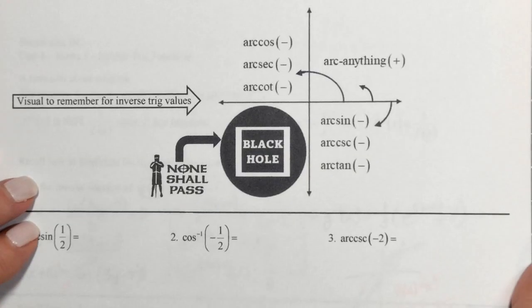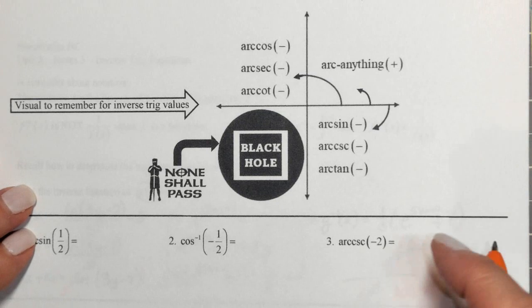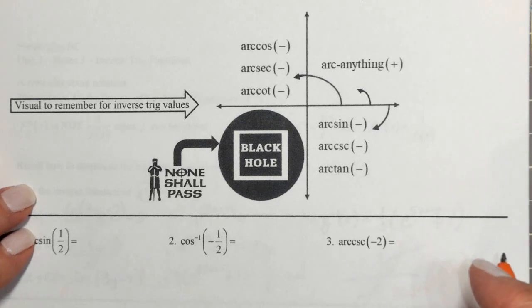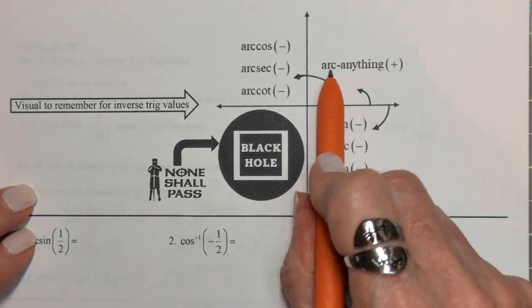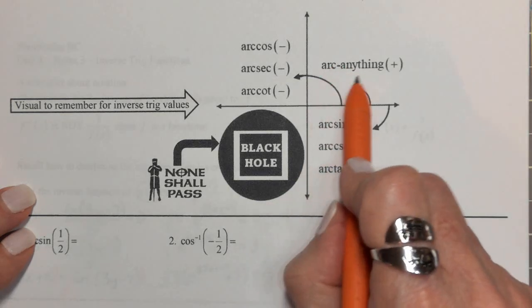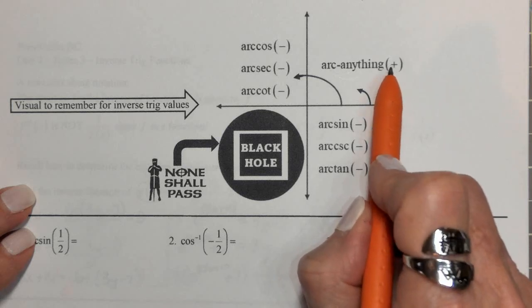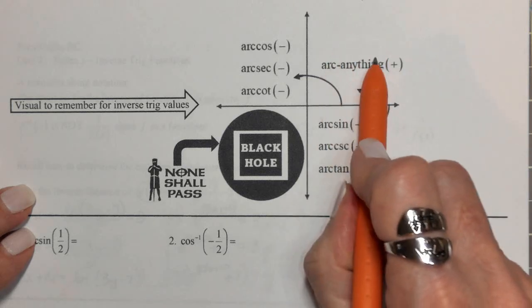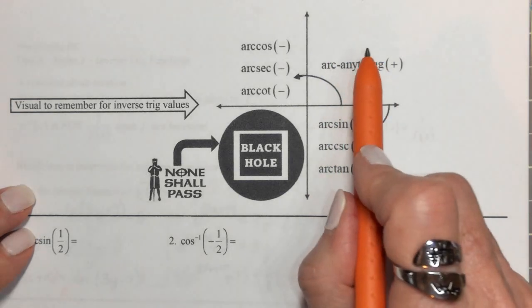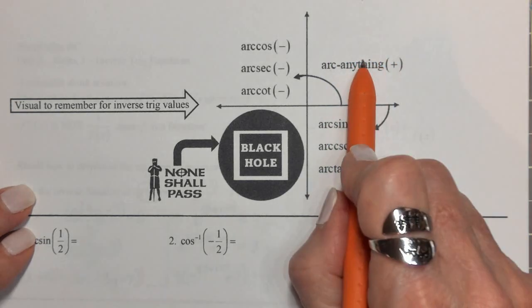So, here's a nice visual I made to remember inverse trig values. If the argument is positive, quadrant 1, it's the angle, you're done.